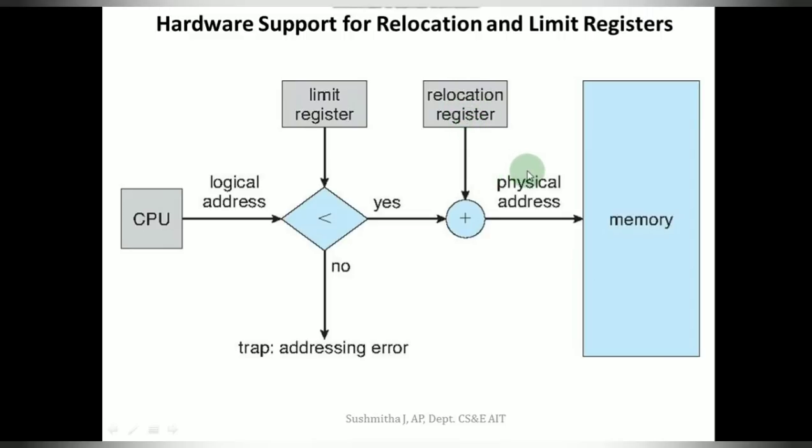This mapped address is sent to the memory. So, when the CPU scheduler selects a process for execution, the dispatcher loads the relocation and the limit registers with the correct values, because every address generated by the CPU is checked against these registers. By this we can protect the OS from the running process and also each process from the others.